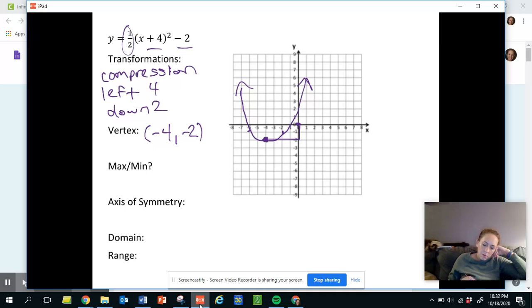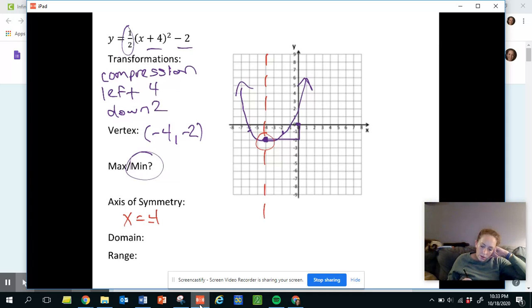All of that information can be pulled from either the equation or the graph, whichever you're more comfortable with. Since the vertex is at the bottom, it is a minimum. The axis of symmetry cuts the parabola in half through the vertex, so it's the line x equals -4.